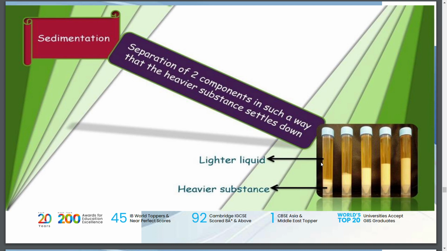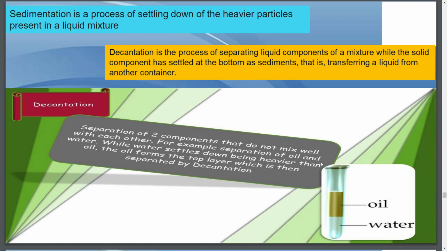You put as much as you like in the water, but it's still lighter. Sedimentation is the process of settling down the heavier particles present in the liquid mixture. Decantation is the process of separating two liquid components of the mixture while the solid component has settled at the bottom of the sediments, that is, transferring the liquid to another container.